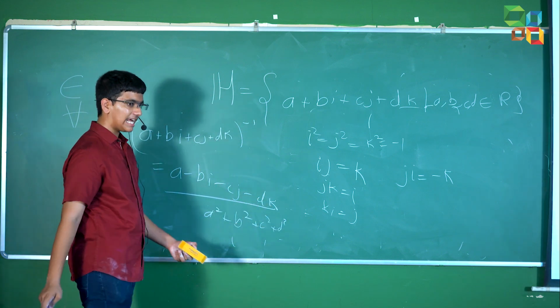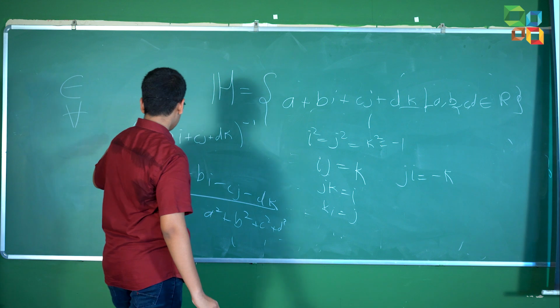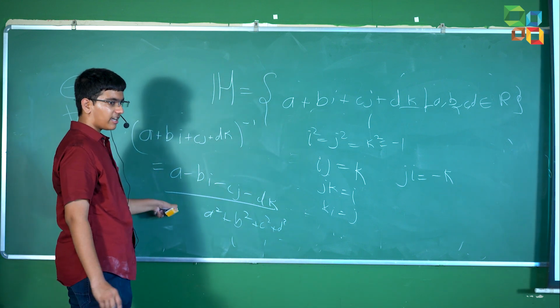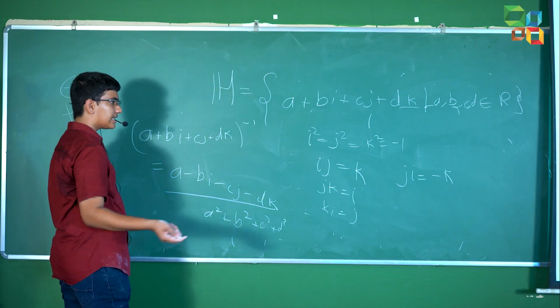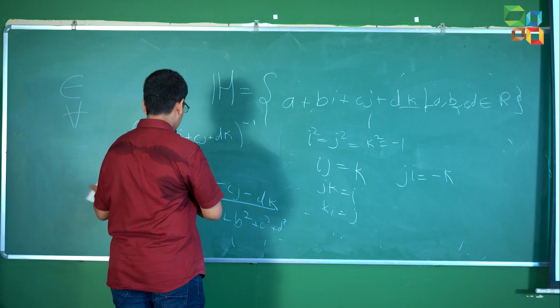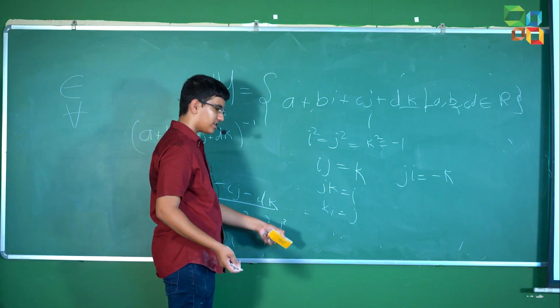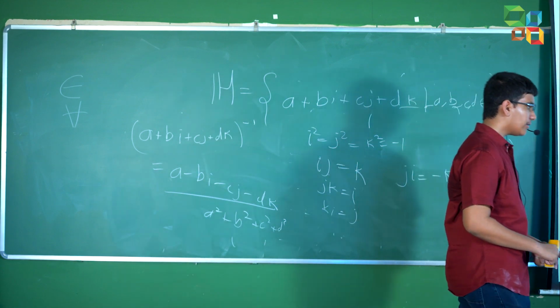Now, you can try later. You know these rules. You can try multiplying this and this and check if it's actually 1. It's really cool to do that. It's basically a distributive law. You just expand, you get a squared plus b squared plus c squared plus d squared in the numerator. Everything cancels. So now, next.